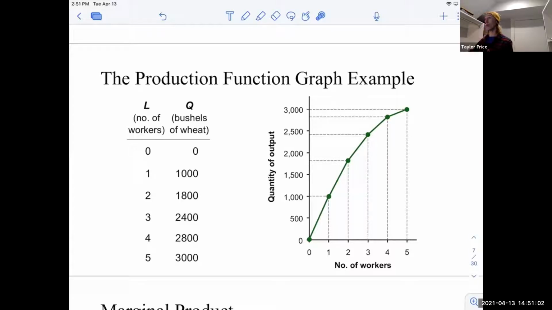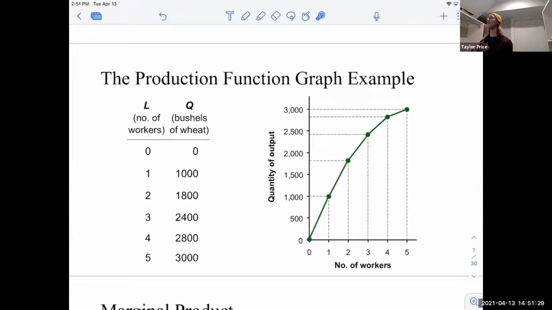If you add a 4th worker, maybe that worker can fill in when other workers are sick or on their lunch breaks, but that worker is not going to be productive all of the time. Because of that, the additional output that worker generates is going to be less than the output moving from the 2nd worker to the 3rd worker.